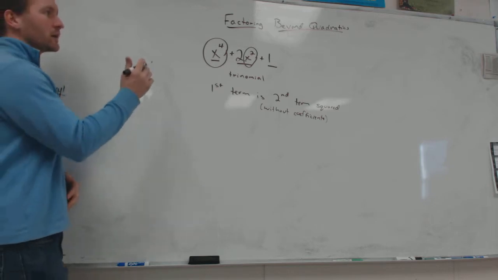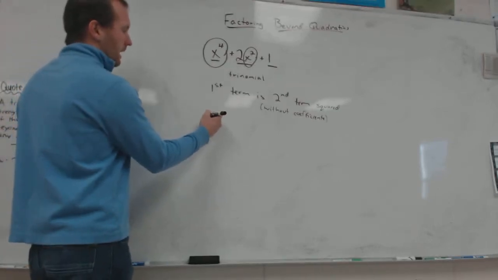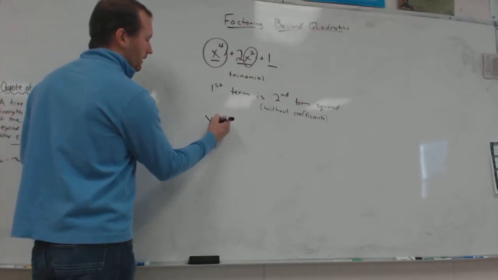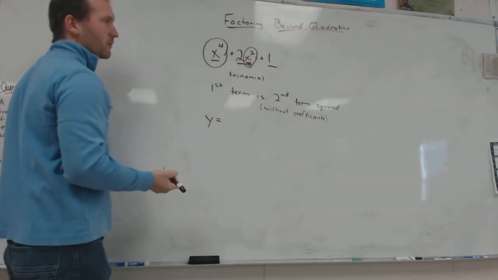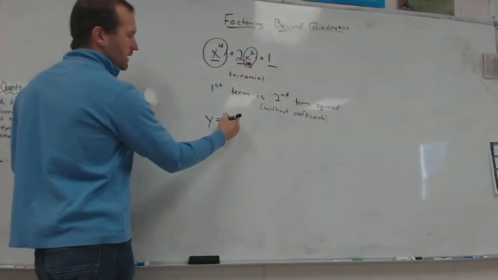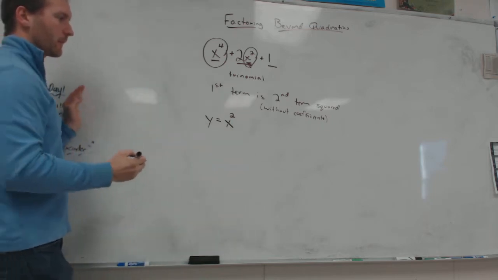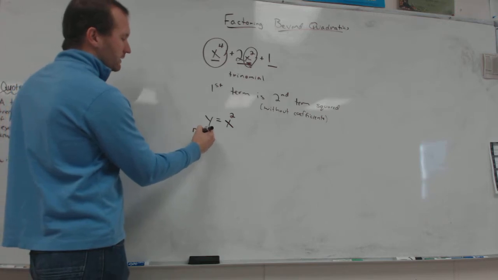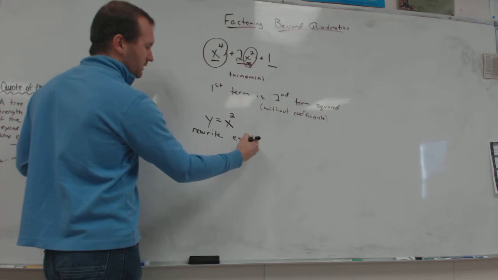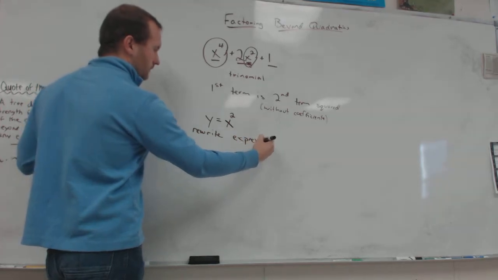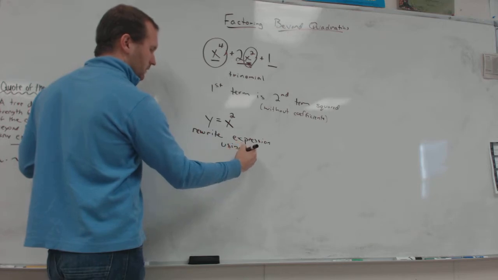So what you would do here is you would say, I'm going to make y equal to whatever my b term is. So whatever my second term is. In this case, I'm going to say y equals x squared. And then I'm going to rewrite my expression using y.